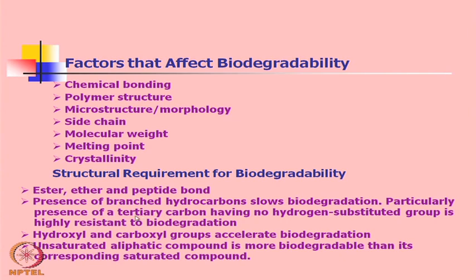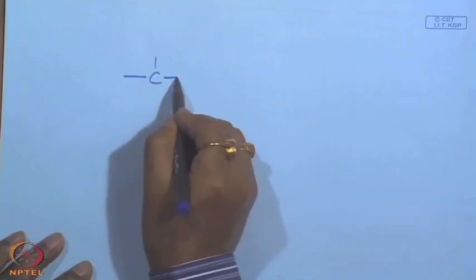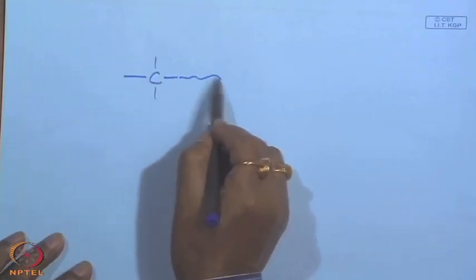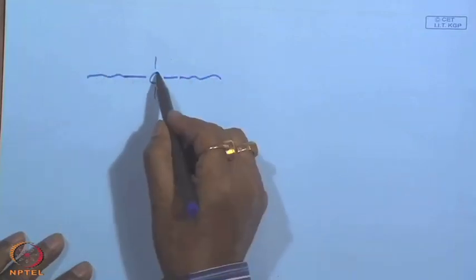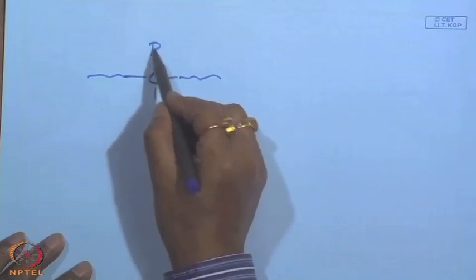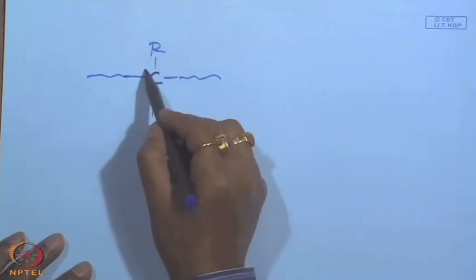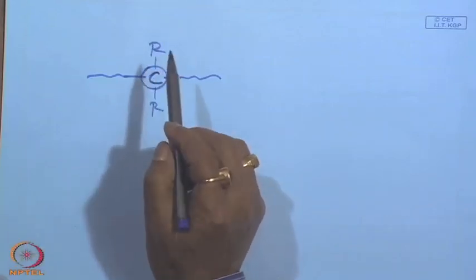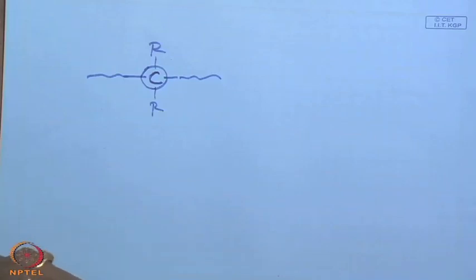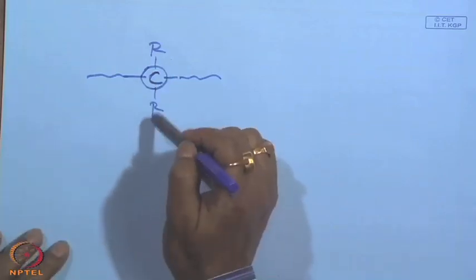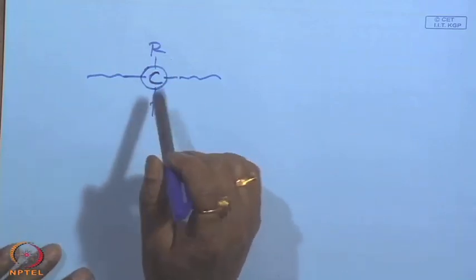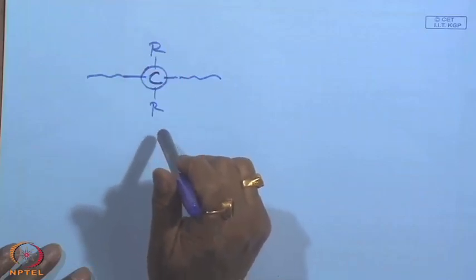A tertiary carbon atom means this carbon in the polymer chain, this is the carbon atom, which can be attached to groups like this. So, this carbon is called tertiary carbon. If the polymer contains a tertiary carbon having no hydrogen, only substituted groups, it is highly resistant to biodegradation.